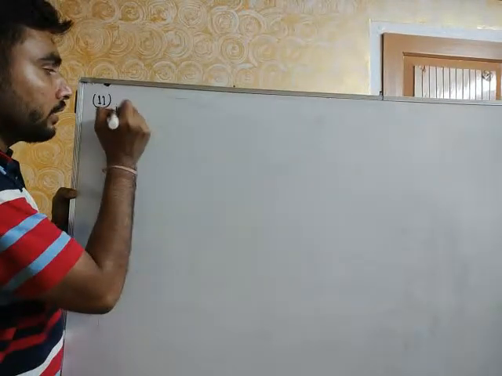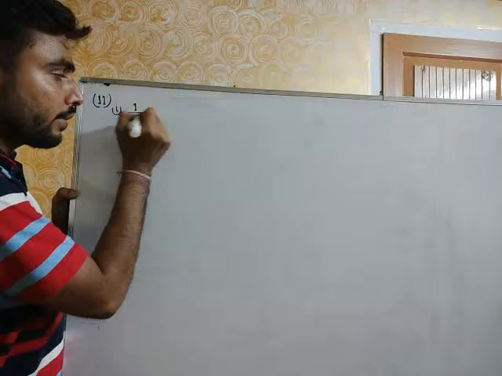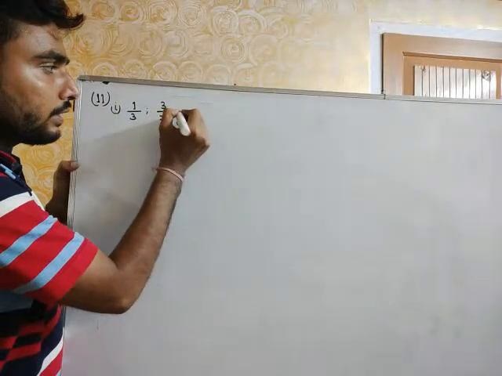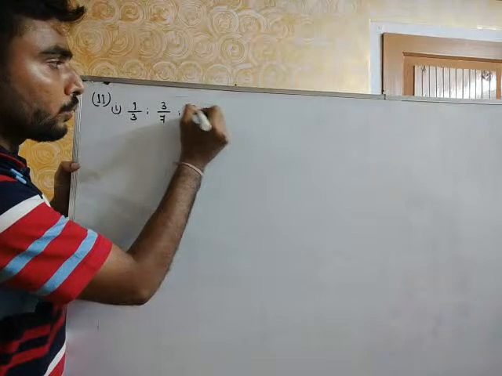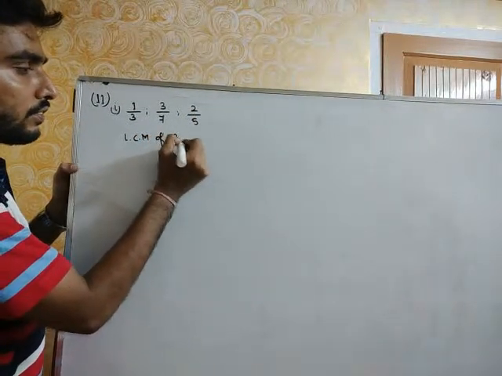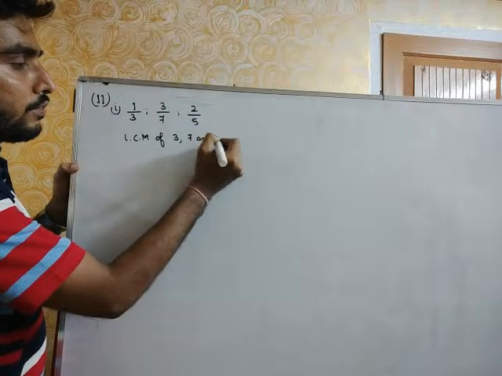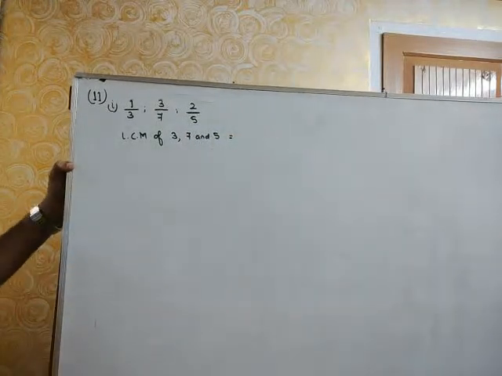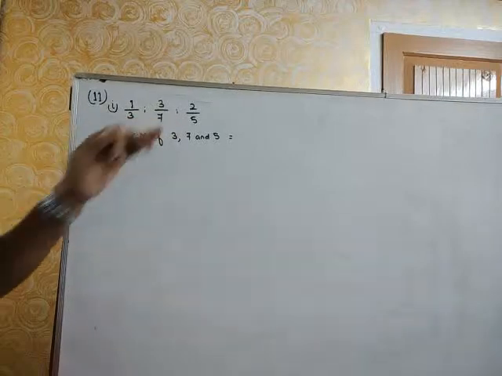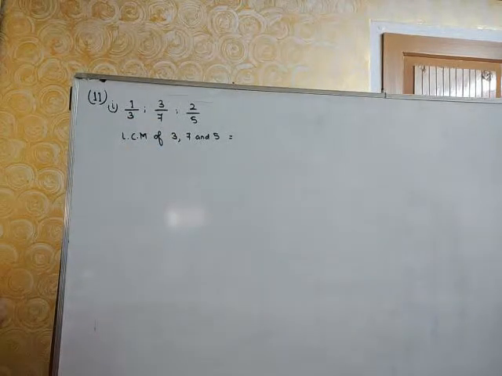Let us see number 1. The rational numbers are 1 by 3, 3 by 7 and 2 by 5. So the denominators are 3, 7 and 5. First of all, we will find the LCM of the denominators. We should make the denominators positive. Here in the question, the denominators are already positive, so you don't have to work on that.